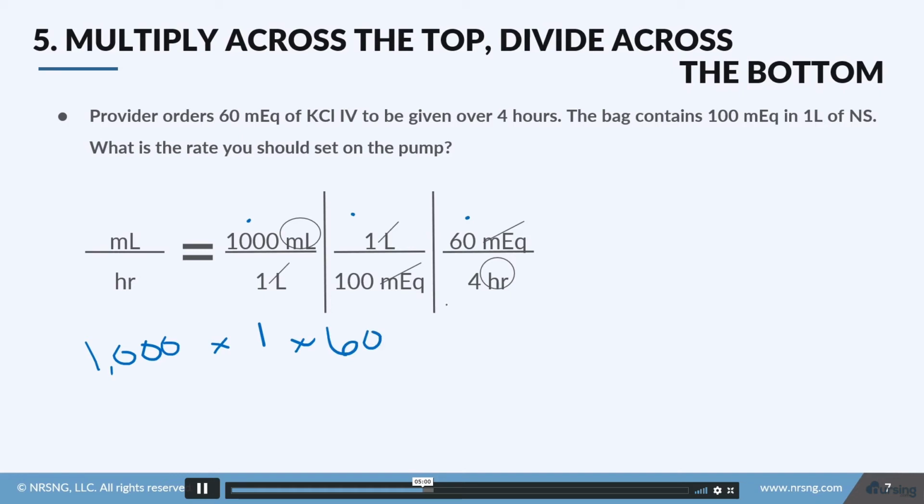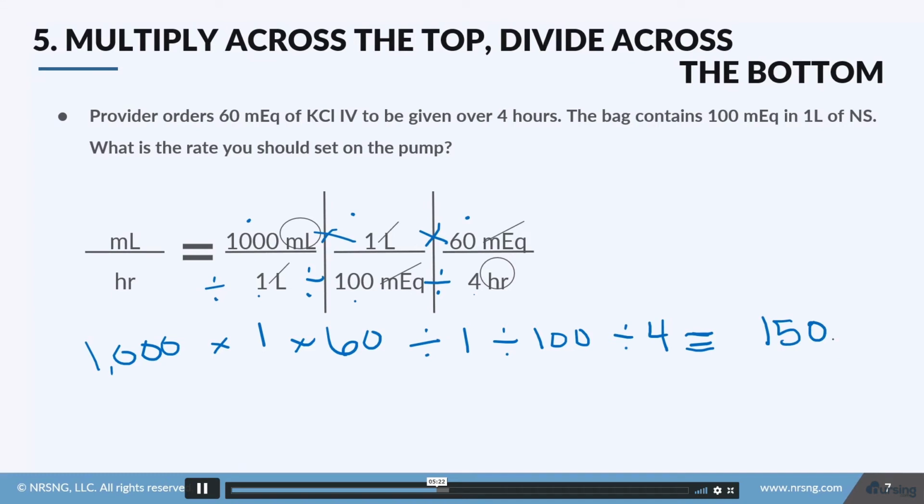Now divide across the bottom, divided by 1, divided by 100, divided by 4. Okay, do you see that? Multiply across the top, divide across the bottom. When you press equals in your calculator, you're going to end up with 150.